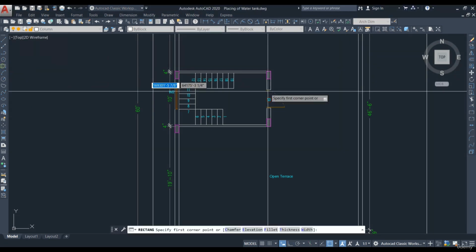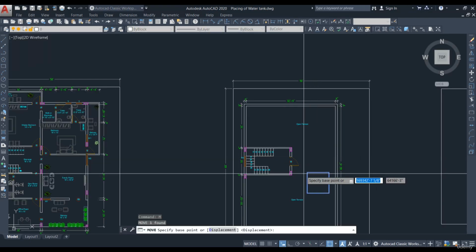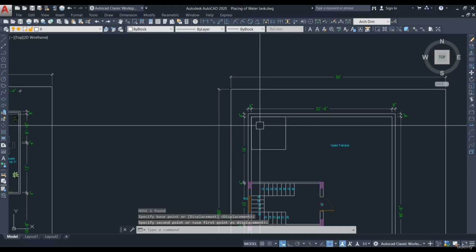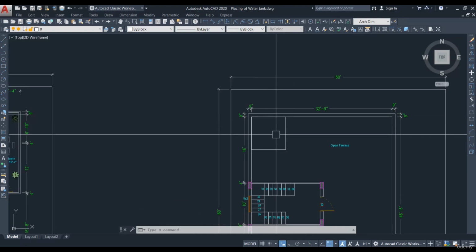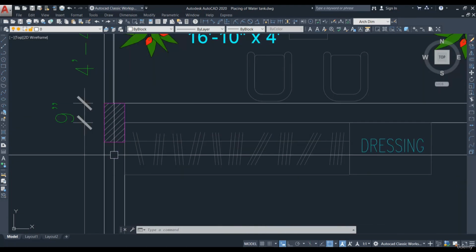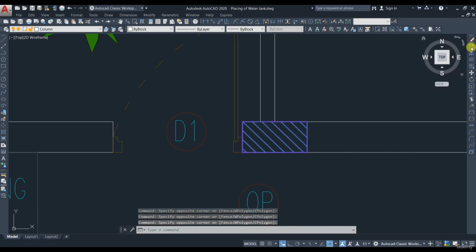Let's draw a rectangle of 8 feet by 8 feet. Let's place this water tank in the southwest corner. This is the correct location to place the water tank as per Vastu Shastra. To provide the support for this water tank, we can just copy these two columns and raise them up to 8 feet.